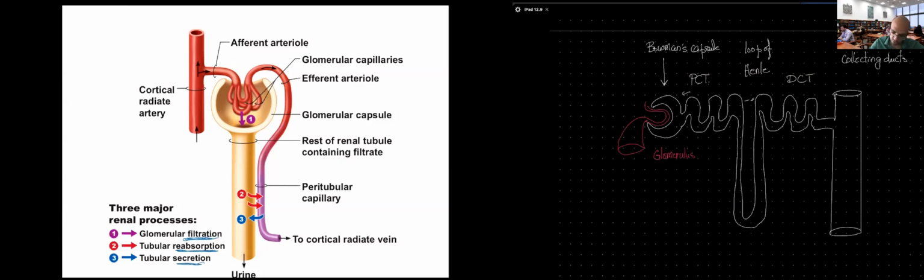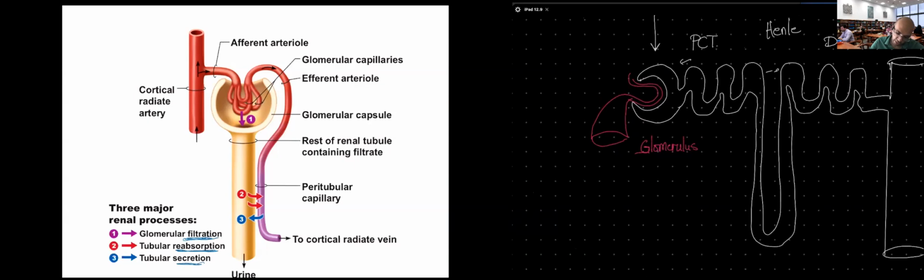Remember, the glomerulus has a large afferent arteriole that brings much larger amounts of blood than the arteriole that drains it, which is my efferent arteriole. And this is what allowed the glomerulus to have a high hydrostatic pressure, which, as we're going to see in a minute, will allow the filtration to take place.